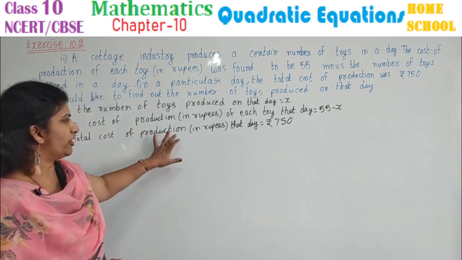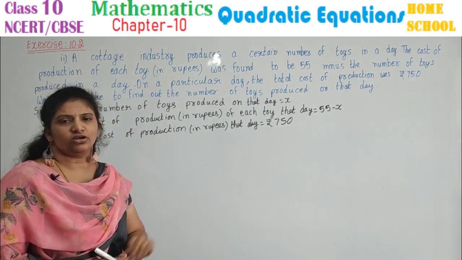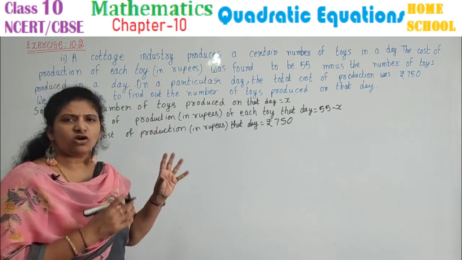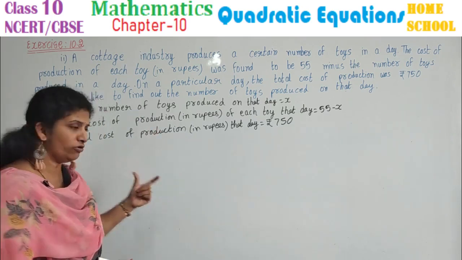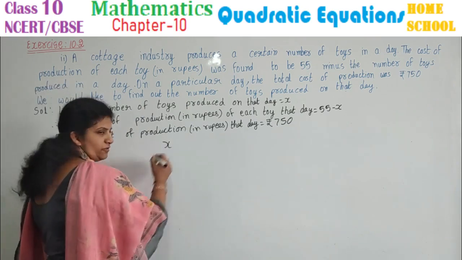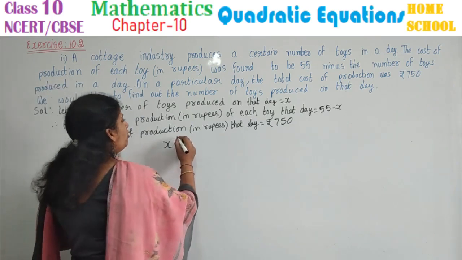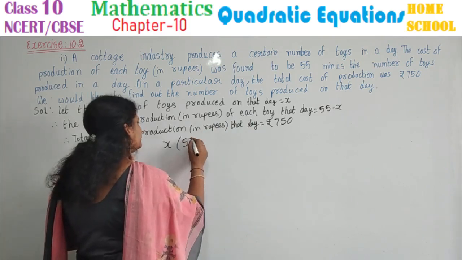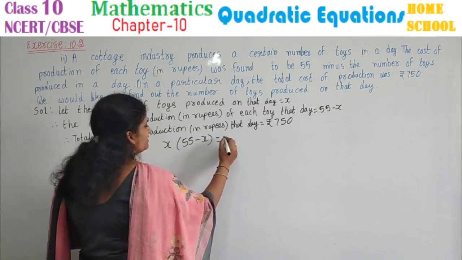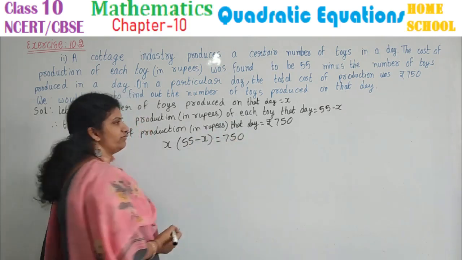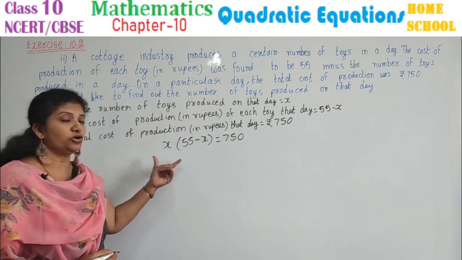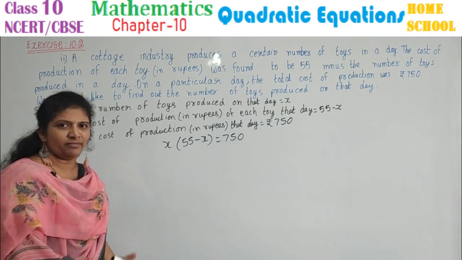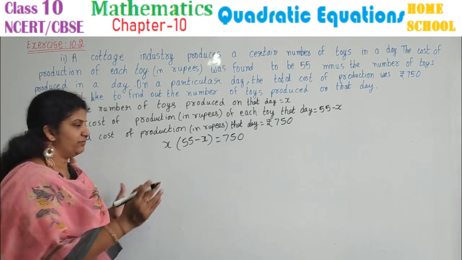So the number of toys produced times the cost of production of each toy: x into 55 minus x is equal to 750. That's all. Up to here, the representation is difficult. From then onwards, you can solve it with the normal method.